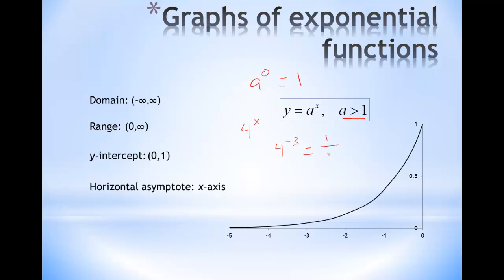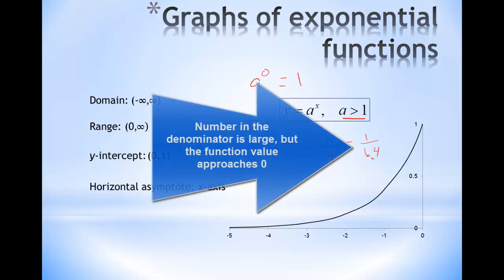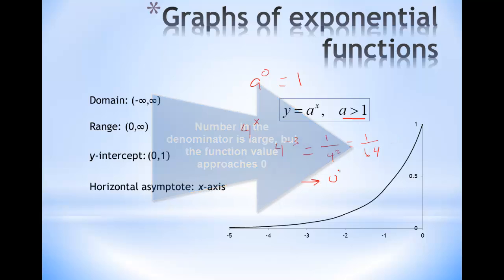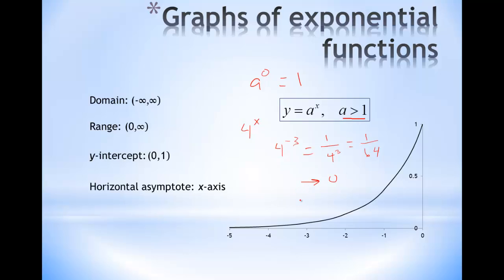So this is really 1 over 4 to the third, which is 1 over 64. Okay? And as this number gets bigger and bigger, as it goes off to negative infinity, this number in the denominator is going to be really, really small. And so we're going to approach 0. Okay? So it's going to go to 0 as we head off to negative infinity. Hopefully that makes sense.